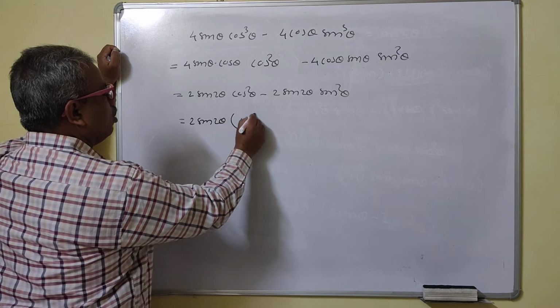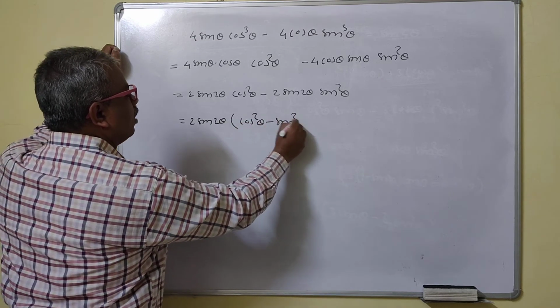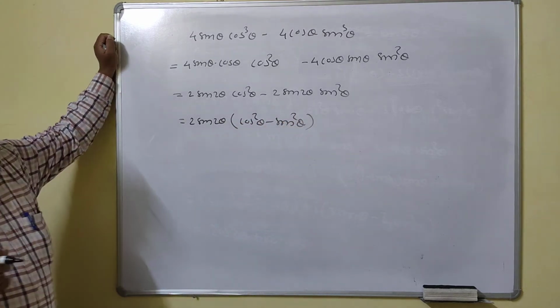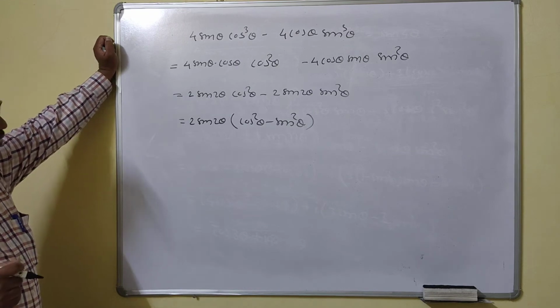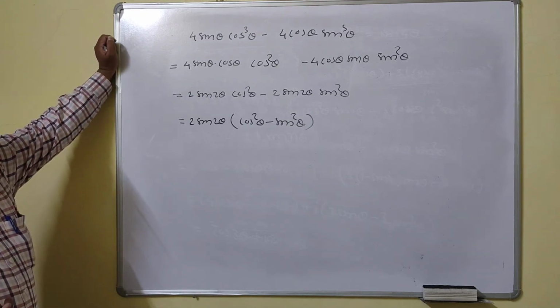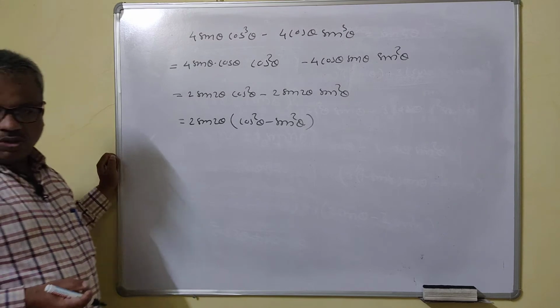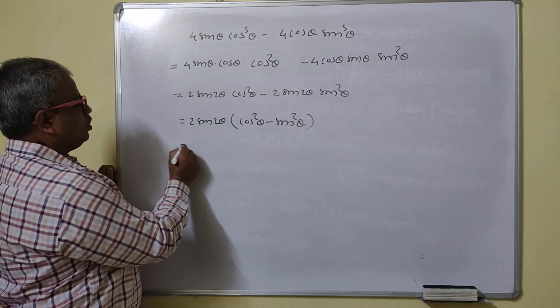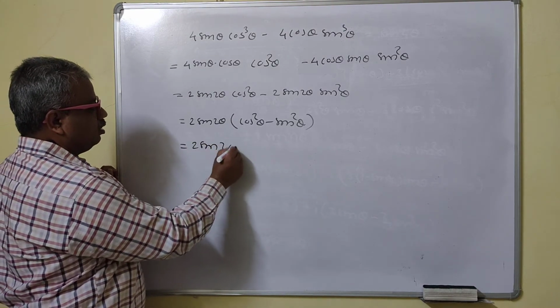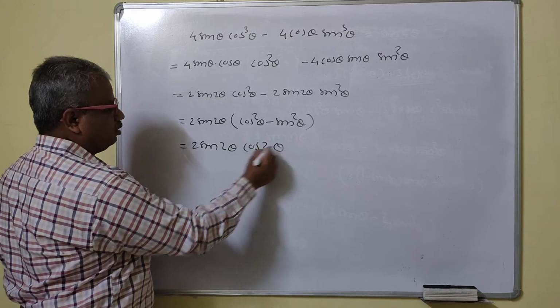What we get is cos square theta minus sin square theta. But cos square theta minus sin square theta is nothing but cos 2 theta. So this is 2 sin 2 theta cos 2 theta.